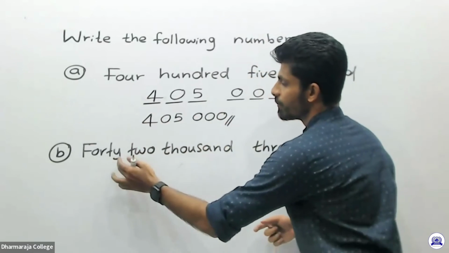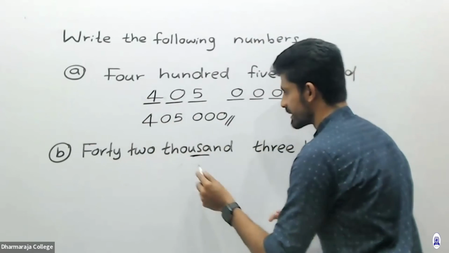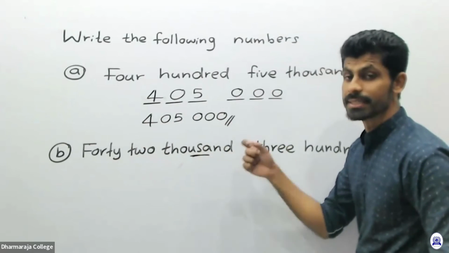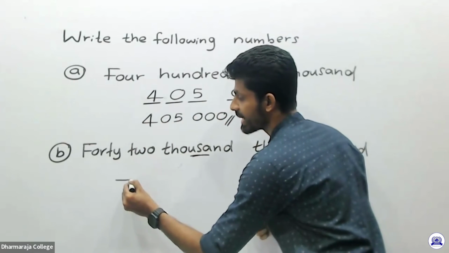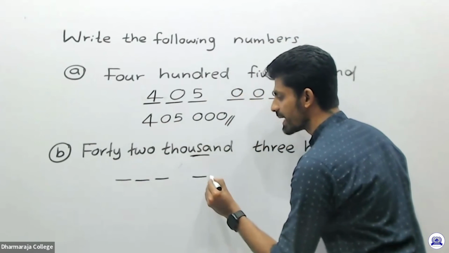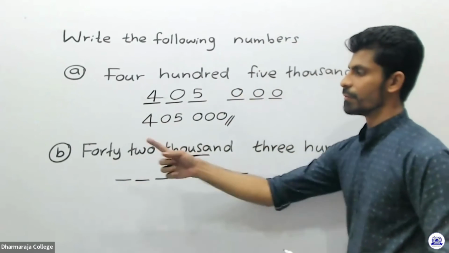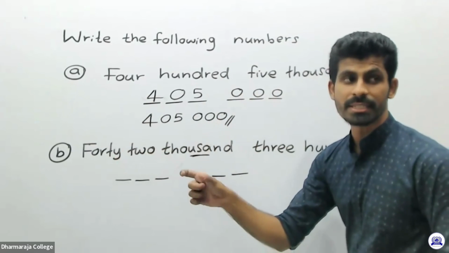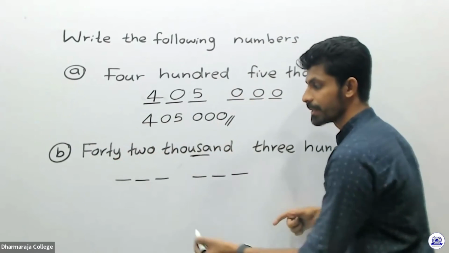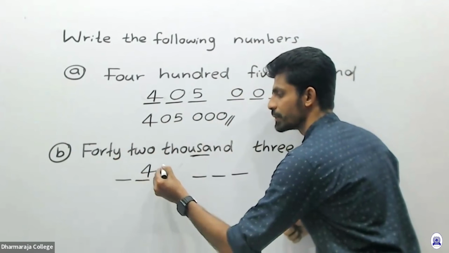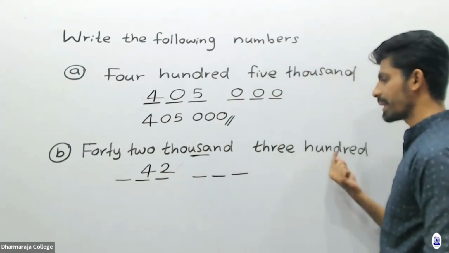Look at this one: 42,000. 1,000 means how many numbers should be there? 6 numbers. 42,000. 300.